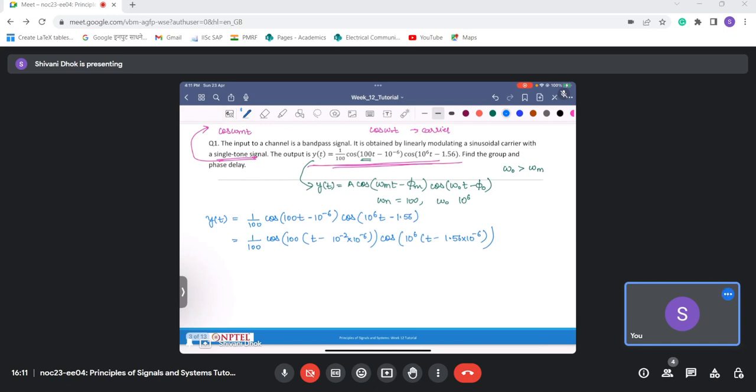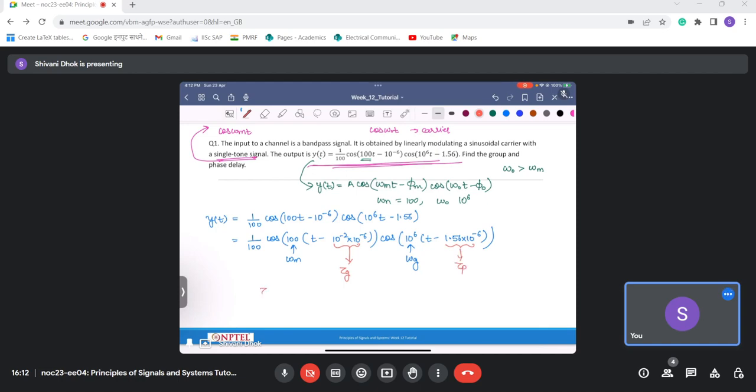So now this is my omega m and this is my omega naught. Now we know that the envelope, this is known as my message. So this message is basically delayed by group delay. So this is my message and this is delayed by group delay, so this is my tau g, and the carrier is delayed by phase delay, so this is my tau p.